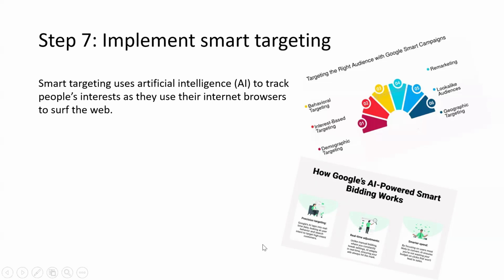And real-time bid adjustments are done, unlike manual bidding, where you consistently tweak the campaigns or the settings. So AI adapts in real time, ensuring your ads always hit the mark. So by focusing on users most likely to convert, AI ensures you are not wasting your budget on clicks that won't lead to sales.